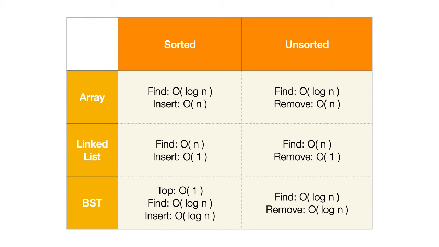For the binary search tree, the leftmost node is the smallest and the rightmost node is the largest. If we add an auxiliary pointer to the smallest element, we are able to find the root in O of 1 time. Otherwise, we will need O of log n time to find and to insert or to delete a node.